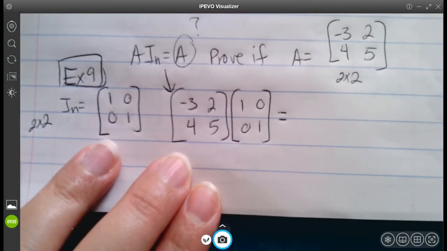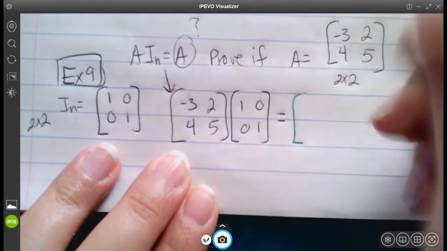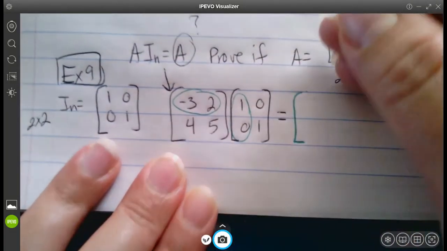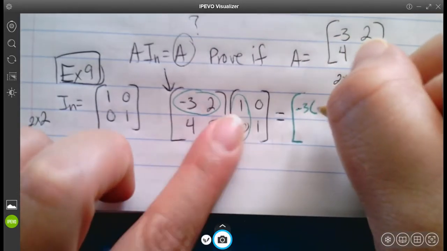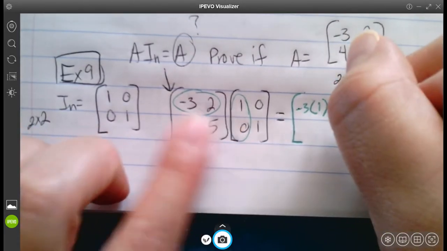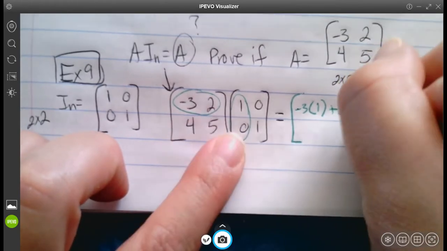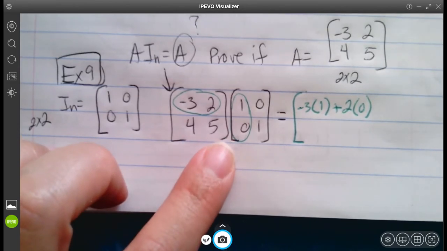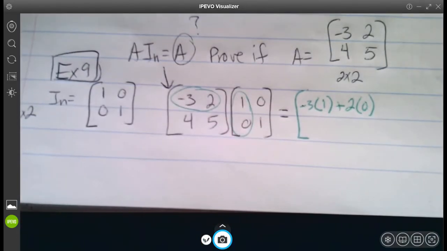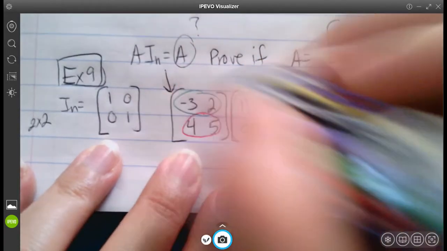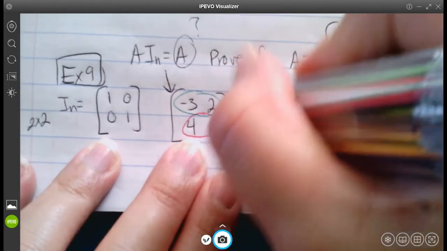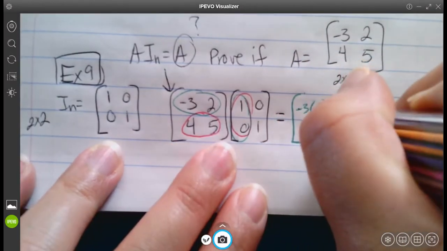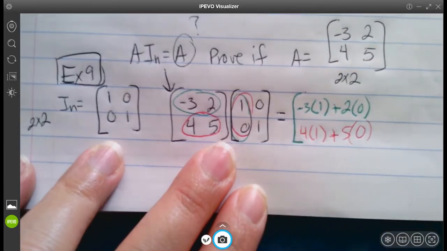So let's go ahead and do our operations for the first entry. For row 1, column 1, that would be -3 times 1 plus 2 times 0. For the second entry, we're going to have row 2, column 1, so 4 times 1 plus 5 times 0.